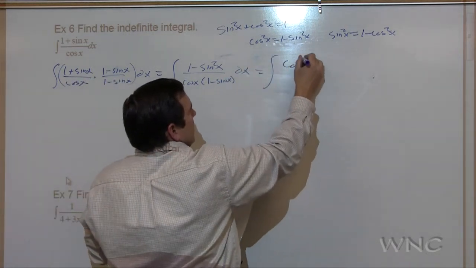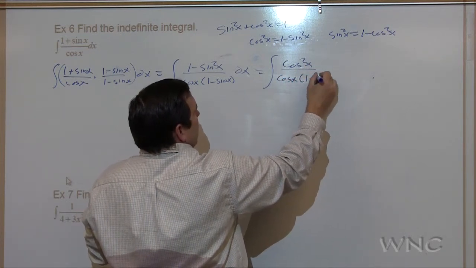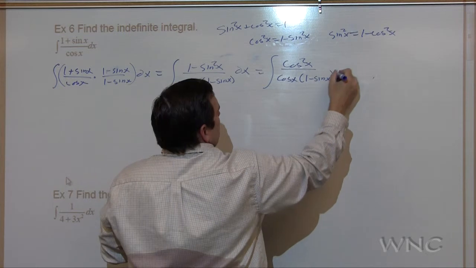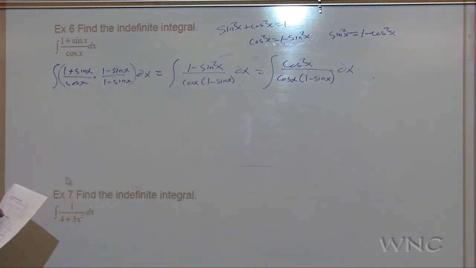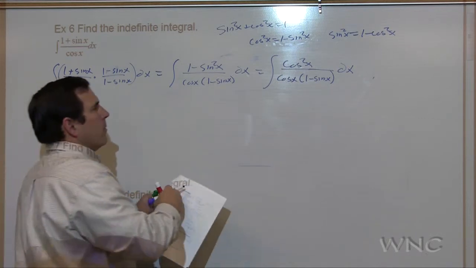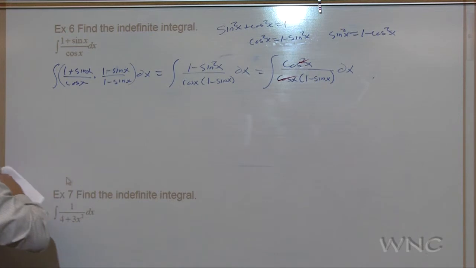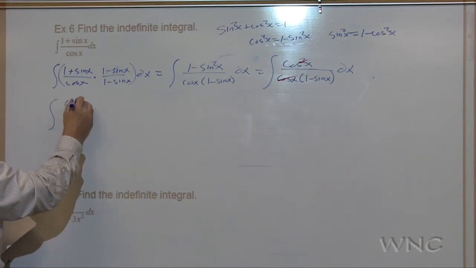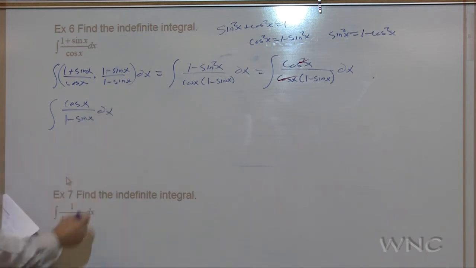That's going to be cosine squared x over cosine x times (1 minus sine x). Now the cool thing here is I can reduce those cosines and have the integral of cosine x over (1 minus sine x) dx.